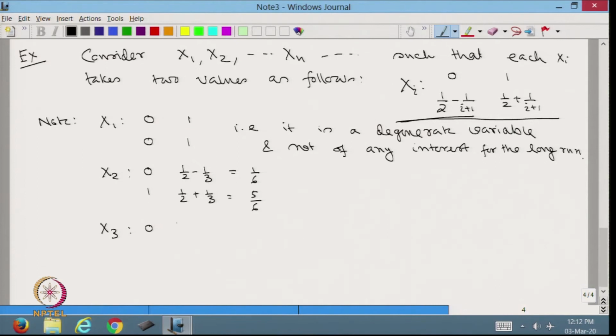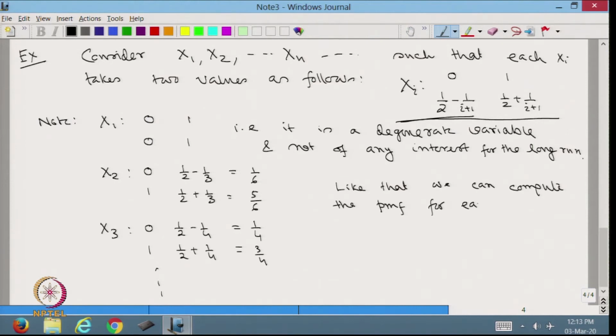X 3 takes 0 with half minus 1 by 4, which is equal to 1 by 4, and 1 with probability half plus 1 by 4, which is equal to 3 by 4. Like that, we can compute the PMF for each x i, i greater than or equal to 1.